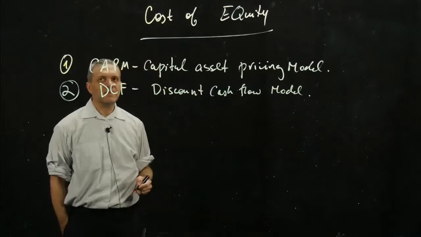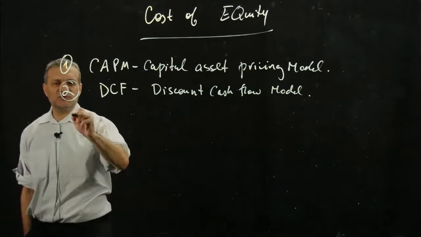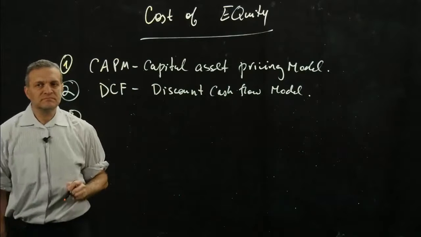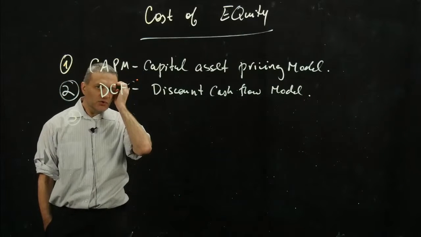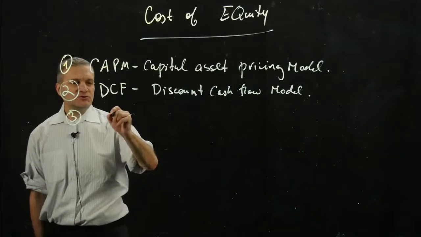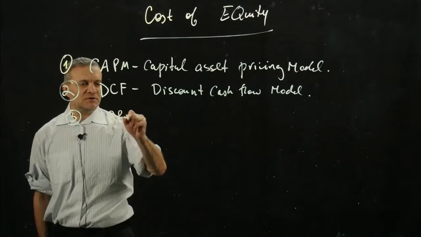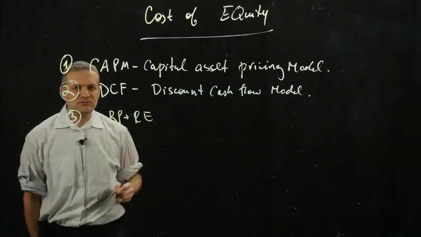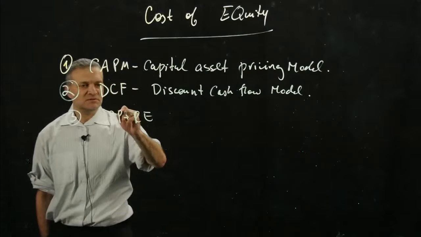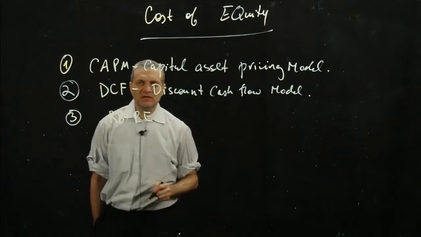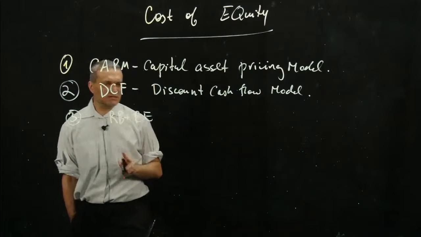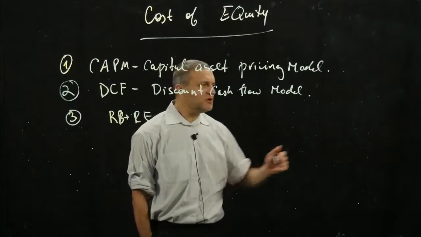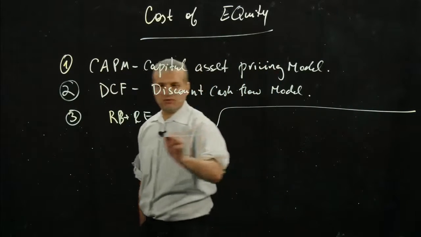And then the third way should be through the bond risk premium plus equity risk. So there are three ways to determine it. We're going to briefly go through each of these three ways.